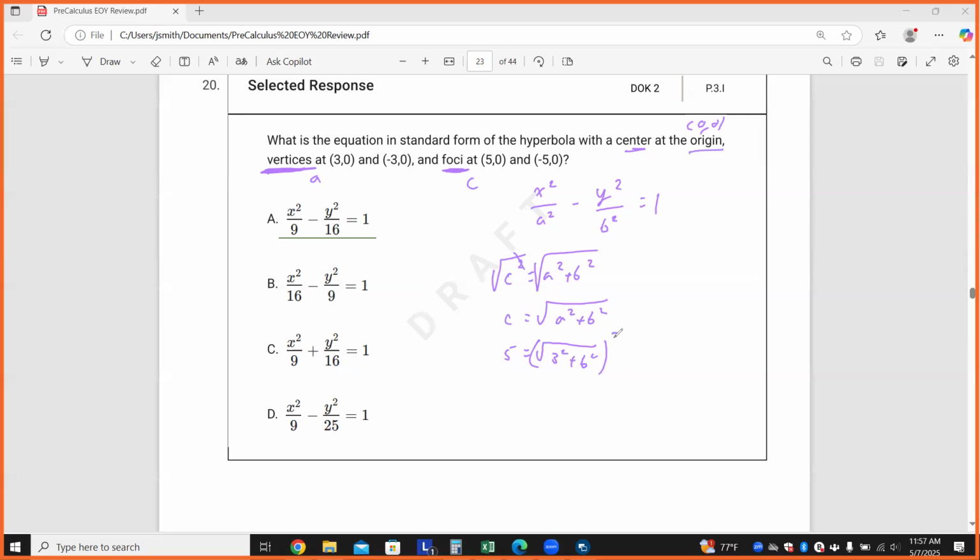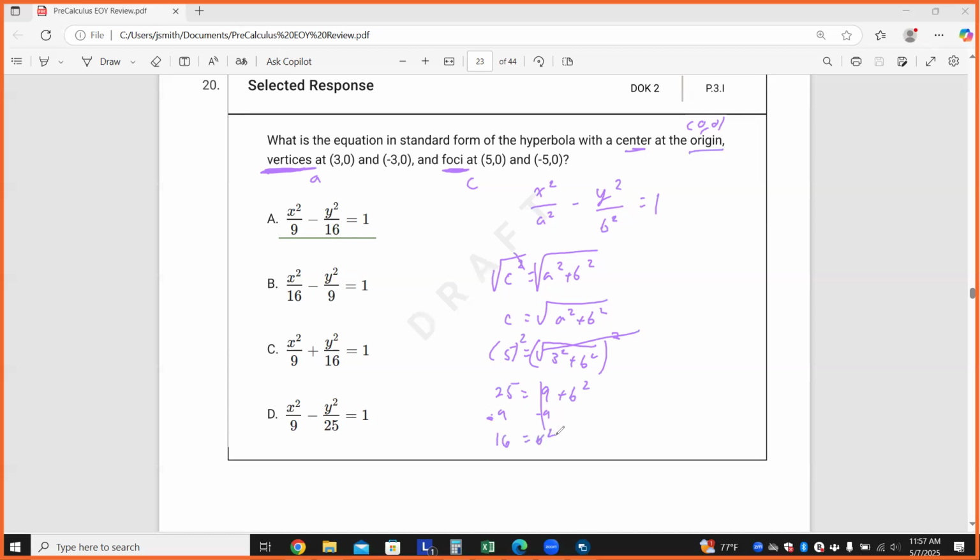So I'm going to square both sides here. So this gives me 25. The square root and square will cancel. 3 squared happens to be 9. So therefore, what do I do next to solve for b? Subtract the 9. So I get 25 minus 9, which is 16. Good.